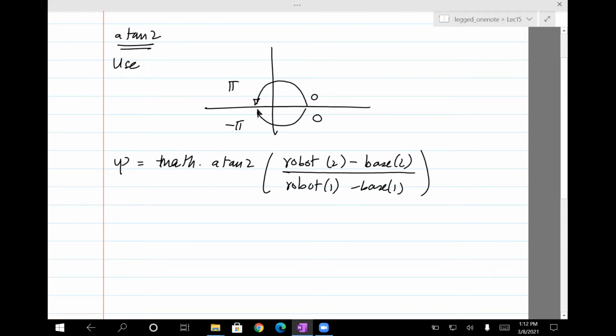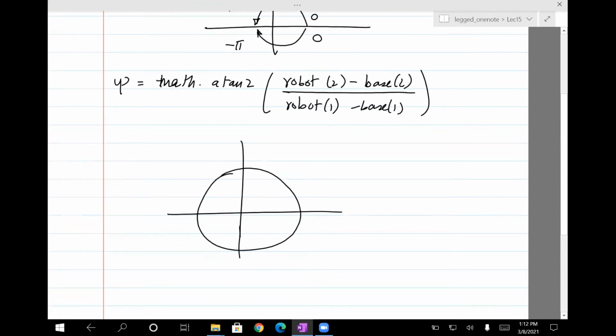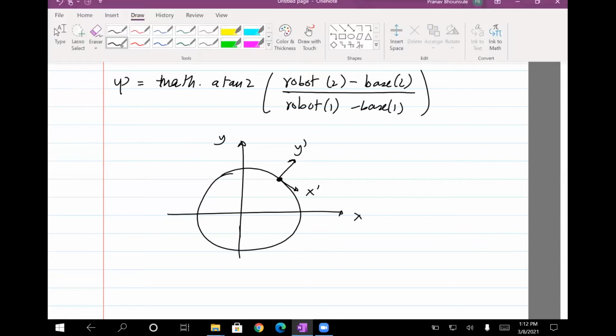If you think of the boom as moving in a circle, you have x and y, then pretty much this thing is going to move in a circle, x prime, y prime. So that's basically where the rimless wheel is at some point of time.